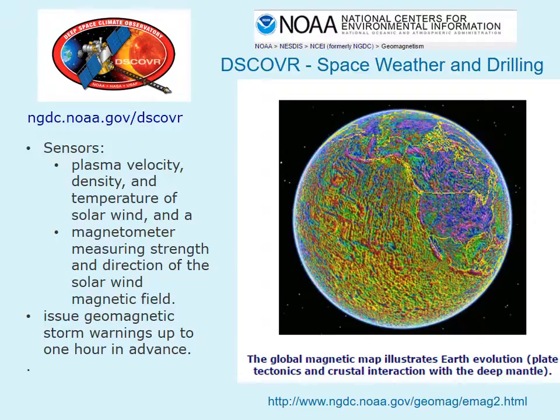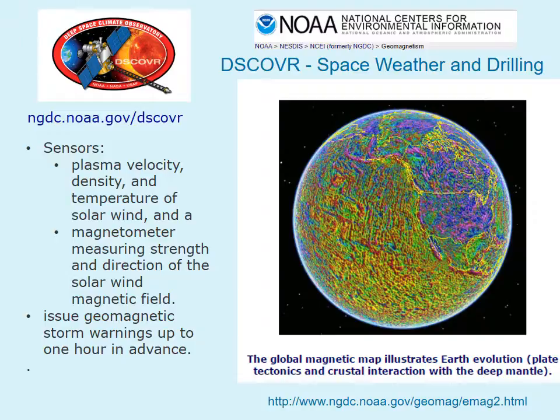Discover, space weather and drilling. This is a satellite instrument that has sensors on it that collect the plasma velocity, density, and temperature of the solar wind. It also collects the strength of the magnetic field using a magnetometer, and the direction of the solar wind.